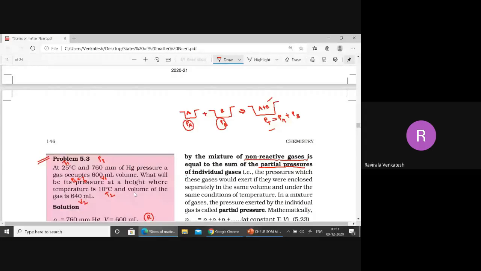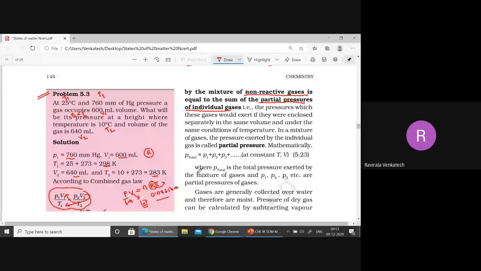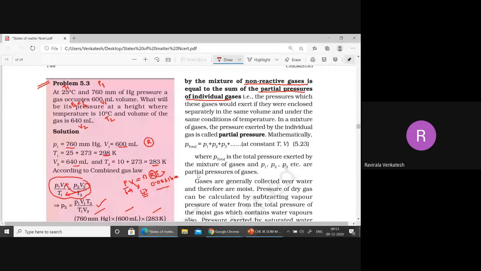The partial pressure is the pressure which each gas would exert if it were enclosed separately in the same volume and under the same conditions. Temperature and volume must be constant in this case.